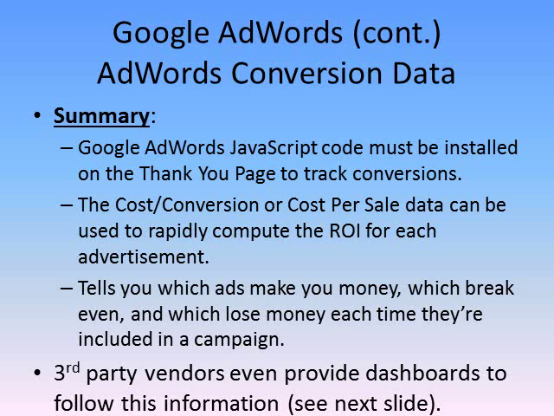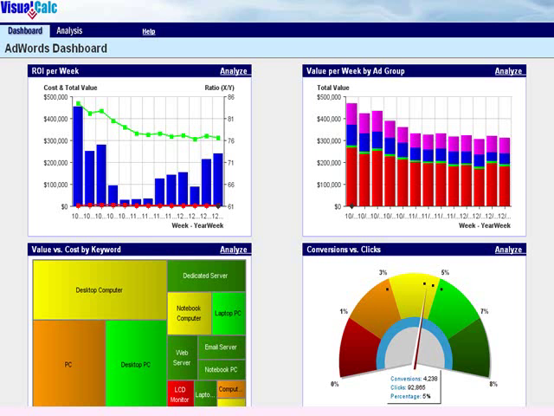So they provide things like you see on the following: return on investment per week, value per week by ad group, value versus cost by keyword, conversions versus clicks, right? So all kinds of information like that is provided. So pretty slick, pretty useful information, right?